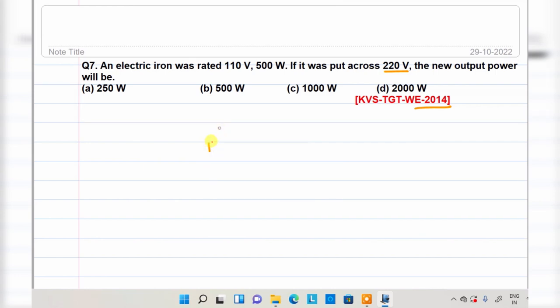P is equal to V square by R. You know this formula. From that, R is equal to V square divided by P. V is 110, whole square, divided by power, 500. We get 24.2 ohms resistance.